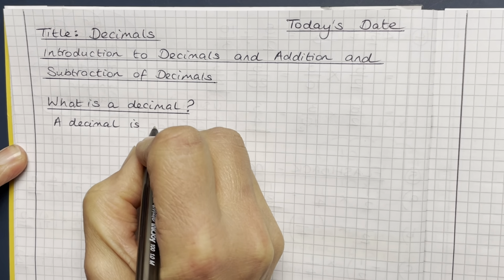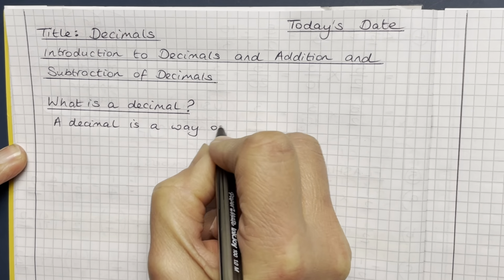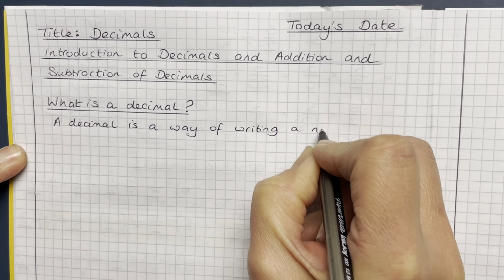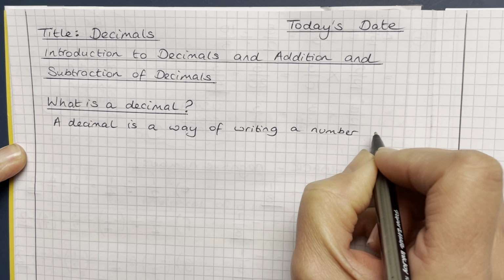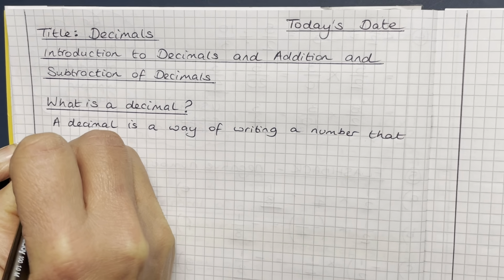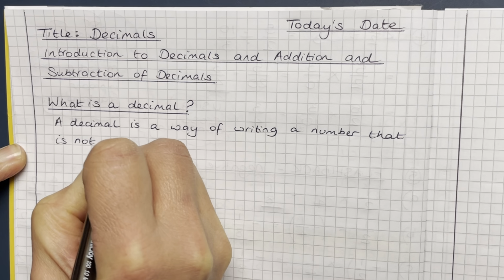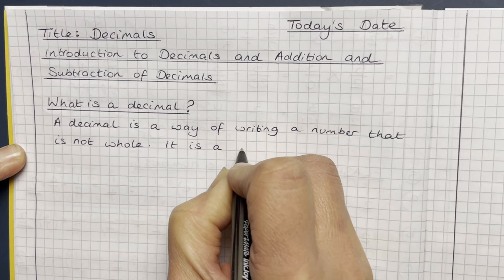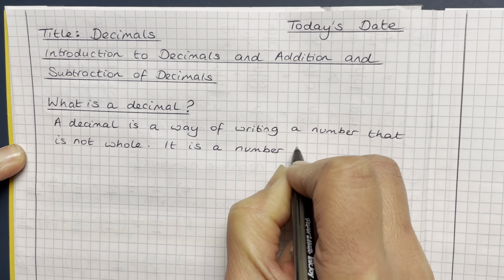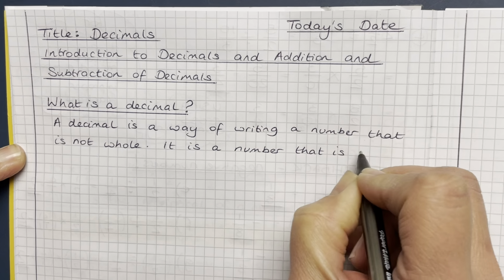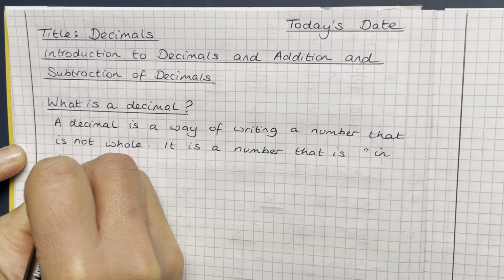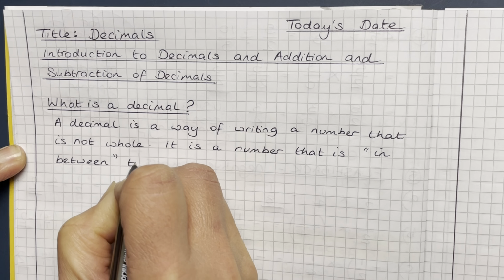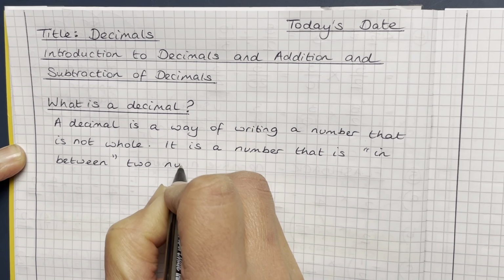A decimal is a way of writing a number that is not whole. It is a number that is in between two whole numbers.